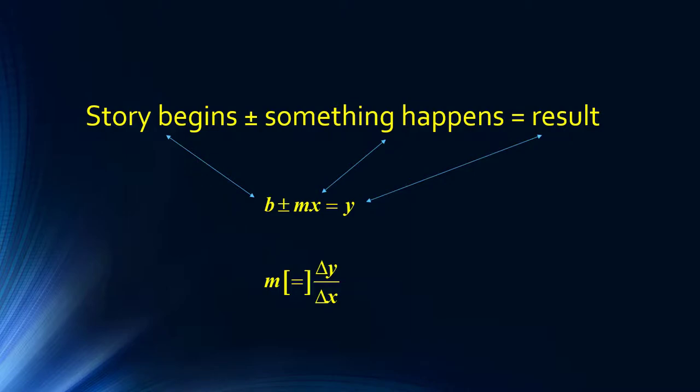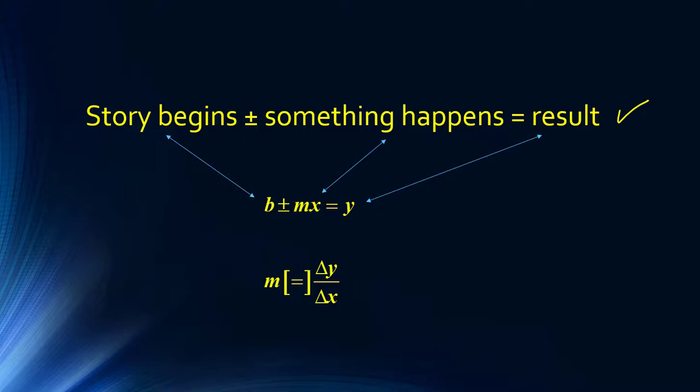Previously, we looked at situations that could be represented by this word equation, where the story begins and then something happens during the story, and by the end of the story we get to some new result.